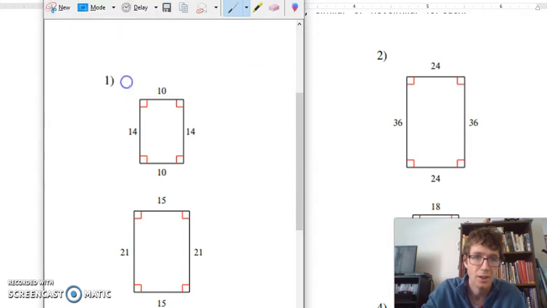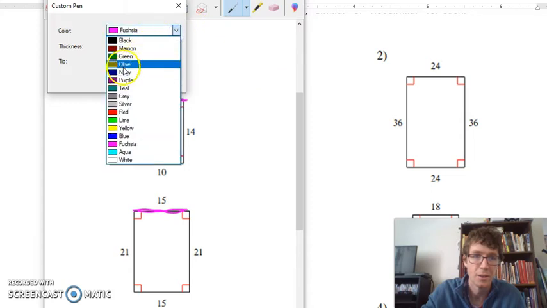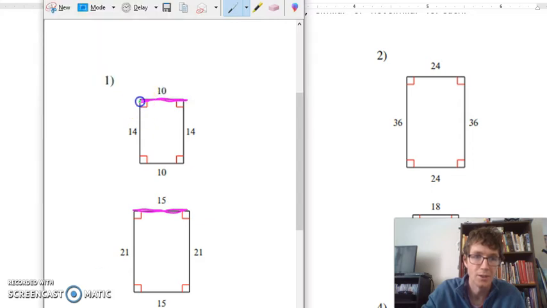So first off, this 10 matches this 15. And then this 14 over here will match this 21.